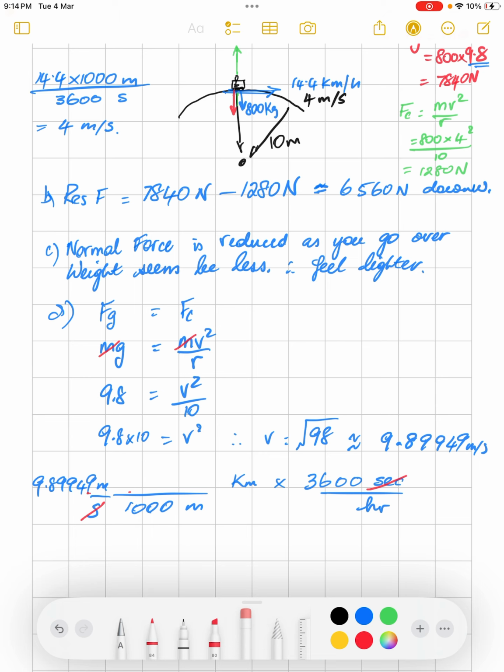We divide by 1,000 meters per kilometer, so we can cancel our meters, and we're left with kilometers per hour. So we times that by 3,600 and divide it by 1,000, and we've got 35.64 kilometers per hour, about 36 kilometers per hour roughly to the nearest kilometer.